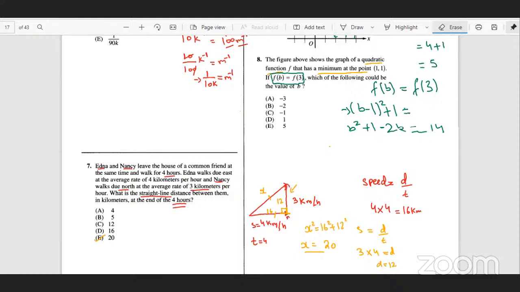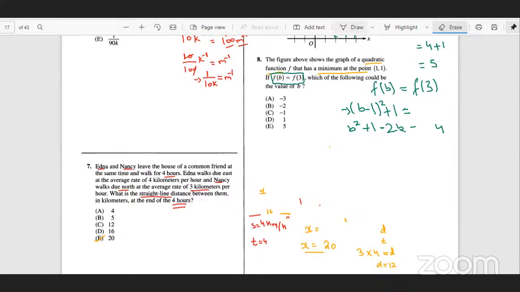Let me just rub the extra things. This is not 14, it's 4. So this is b squared minus 2b plus 1 minus 4 equals 0. Finally, I have b squared minus 2b minus 3 equals 0.